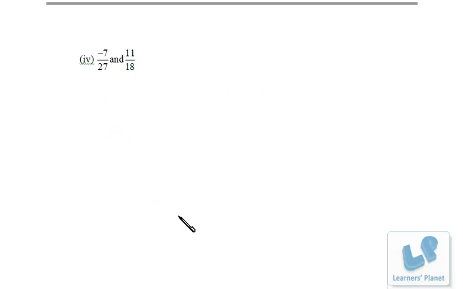Now we have these two numbers, minus 7 by 27 and 11 by 18. So first of all, we have to find out the LCM of 27 and 18.